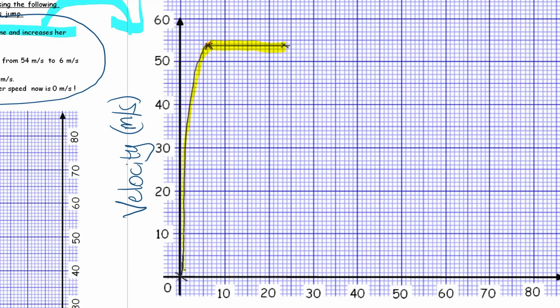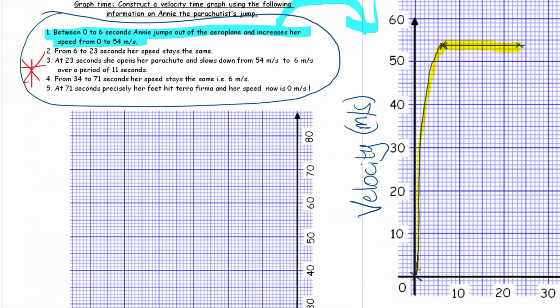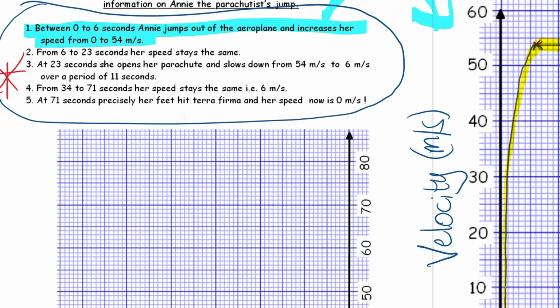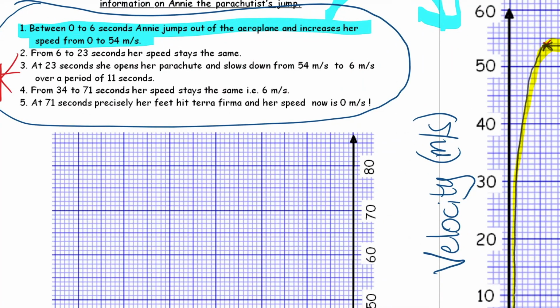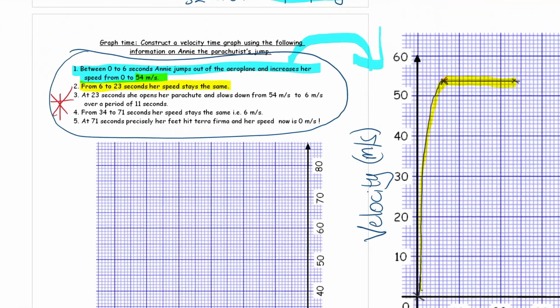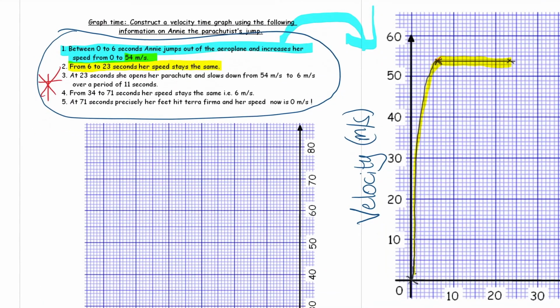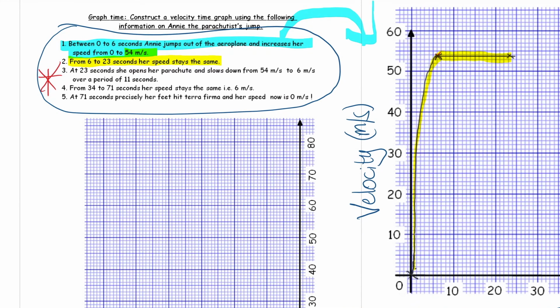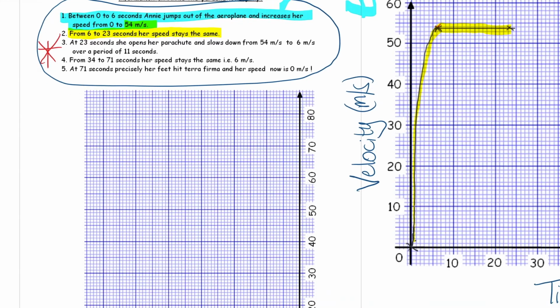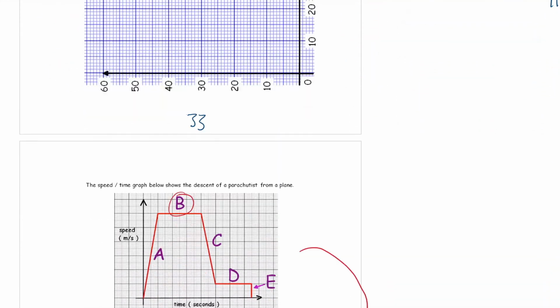And in fact, I've done the second part, which is where terminal velocity is hit, so 6 to 23 seconds, her speed stays the same, which would be 54 meters per second. You then complete parts 3, 4 and 5 for Annie's parachute jump.